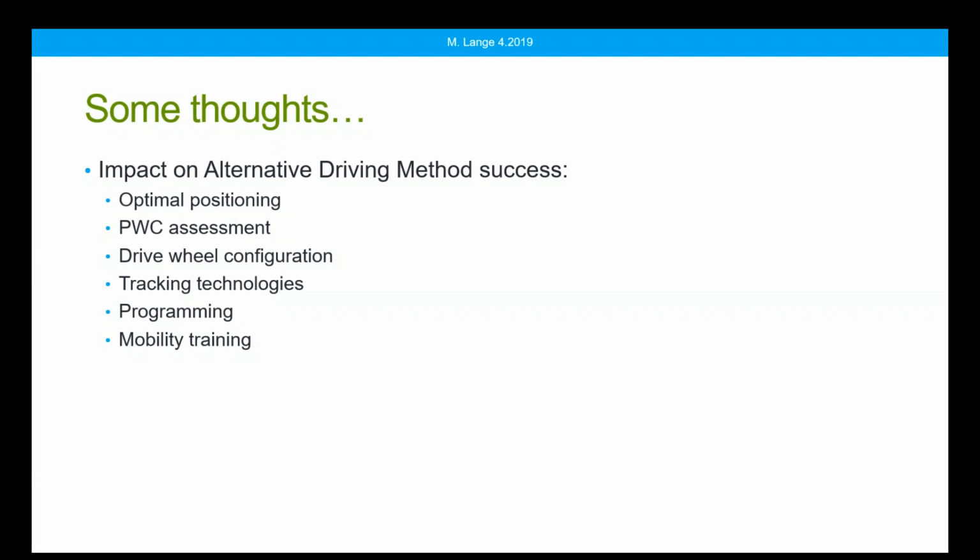Next is a good old power wheelchair assessment where we dig in and determine, is this person a candidate for driving? Are they able to understand the task? Do they require more training or skill development? And then what equipment is going to best meet their needs?